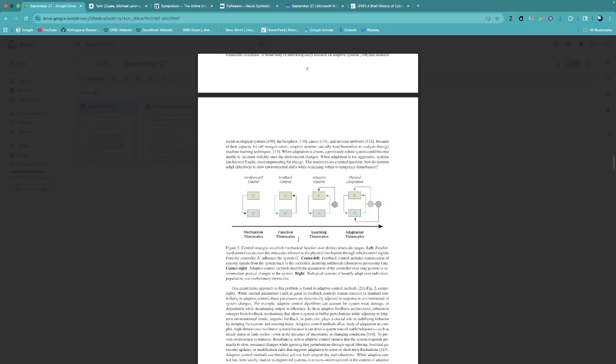Learning is where you have feedback that is sort of supervised, and then adaptation is where that supervised feedback is then influenced by changes in G. So you can adapt to different conditions.